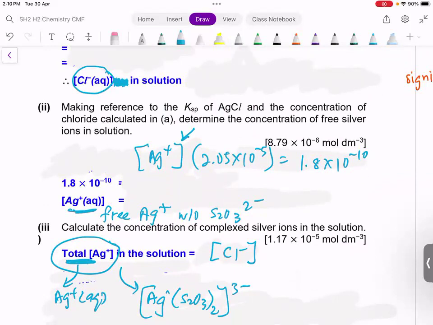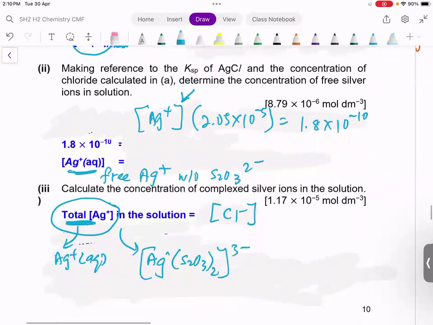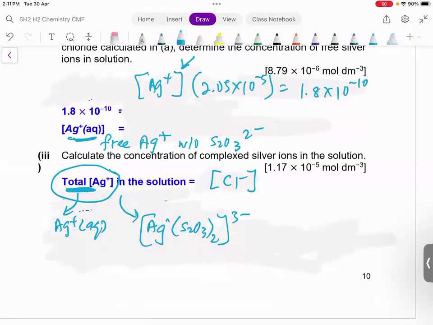So upon dissociation, they should give you the same ratio. Yeah, so the total concentration of chloride obtained in part 1 should be telling you also the total concentration of silver plus. Yeah, okay, but that will be consisting of the free silver plus as well as the complex silver plus. Okay, so you can see that this is already known from part 1. This is known from part 2.